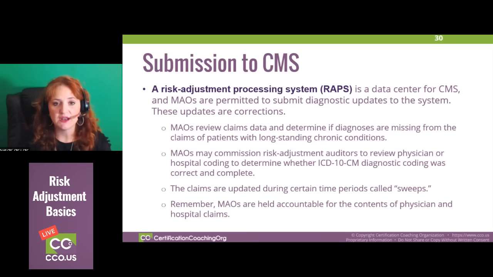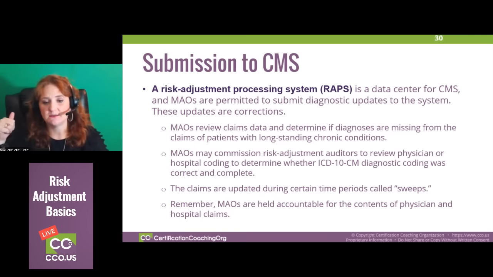But you do need to know that MAOs are held accountable for the content that the physicians and the hospitals put out. So CMS is looking to the MAOs to give them the proper information, and the MAOs are looking at the providers and the facilities to give them the proper information. So the MAOs carry a lot of power because you kind of think that the thumb of CMS is on them.